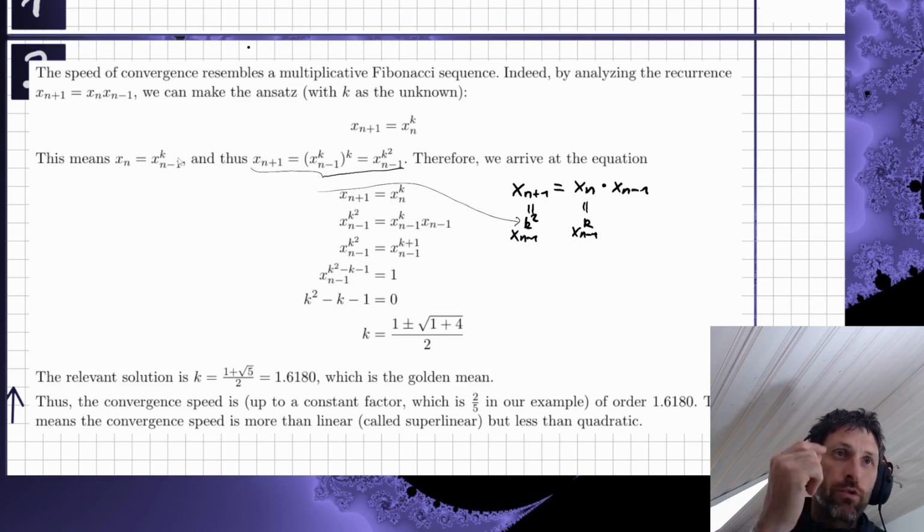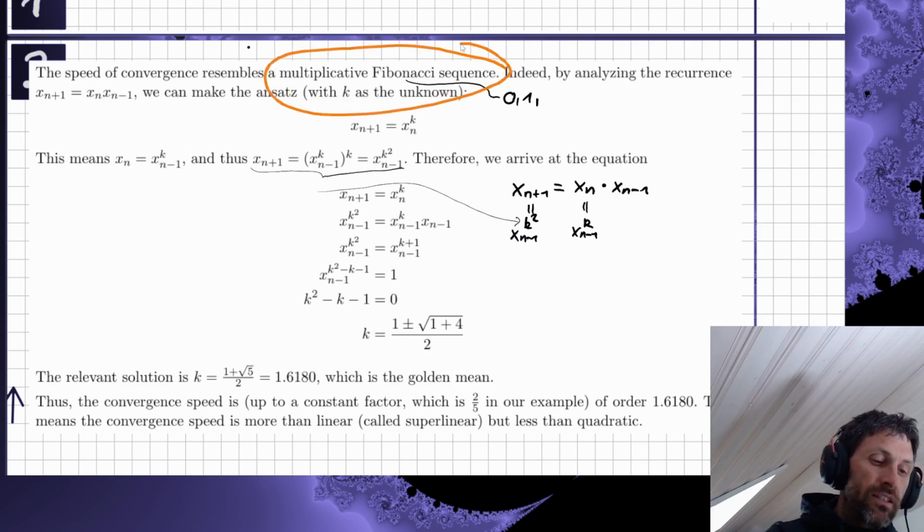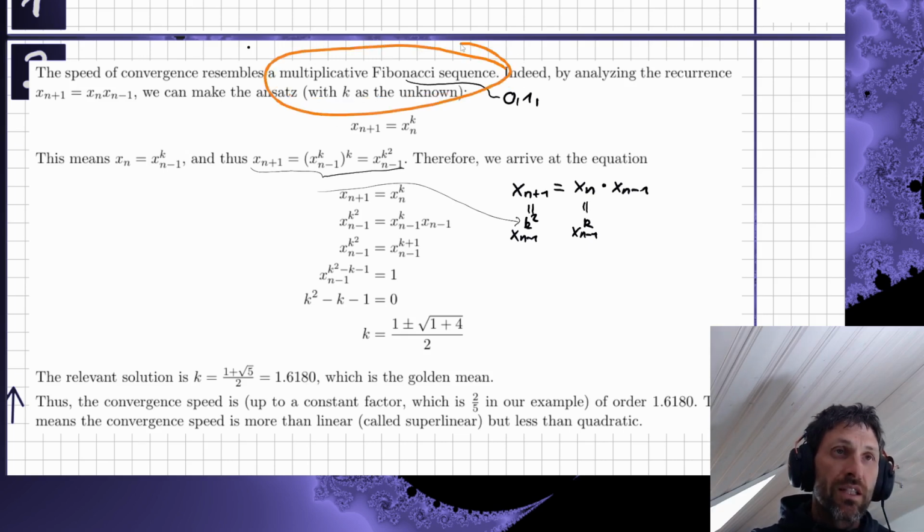And if you apply 2 steps, you are of order more than 2, so it's not quadratic convergent, but close to quadratic convergent. That means if Newton is fast, the secant is a little less fast, but not significantly less fast. And that means we have some form of multiplicative Fibonacci sequence. What is Fibonacci?